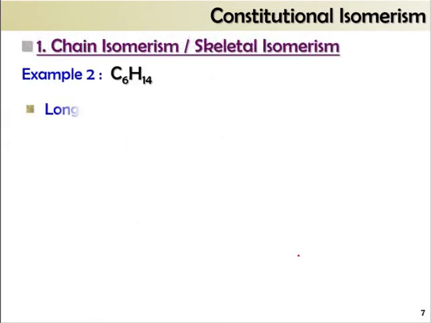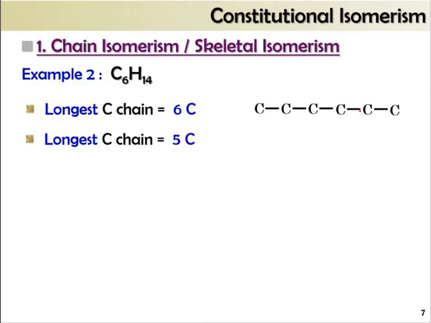Okay, and another example, C6H14. So we have 6 carbon, so the longest chain is 6 carbon. So kita akan susun 6 carbon dahulu, and then kita akan lengkapkan semua dia punya H. Ini madam buat rangka dia saja, tapi kena lengkapkan H dia. And then longest chain madam ubah kepada 5 carbon, and then put the CH3 at carbon number 2.